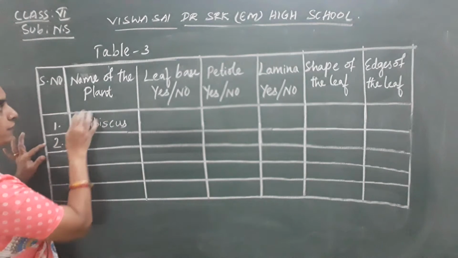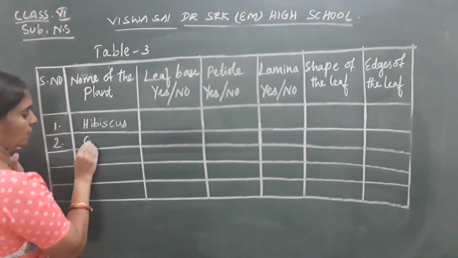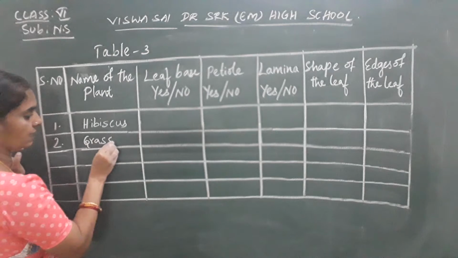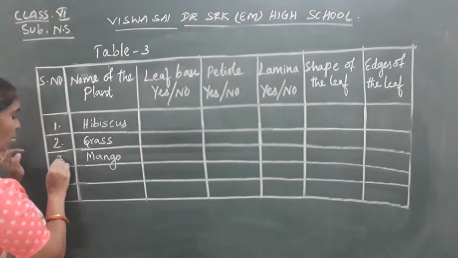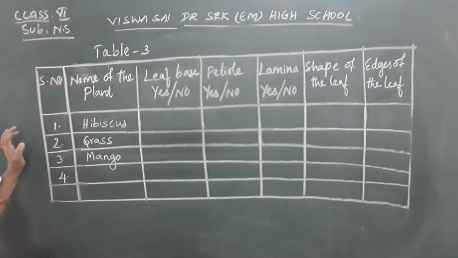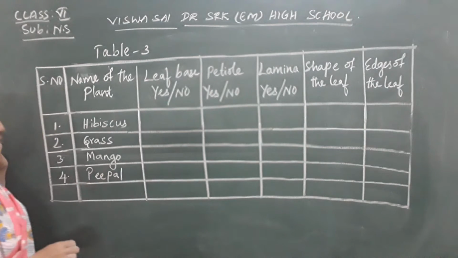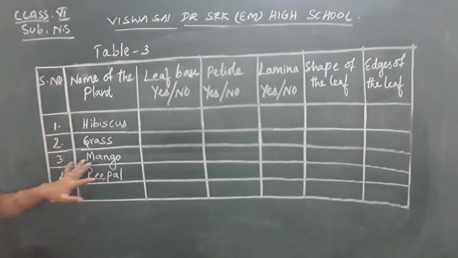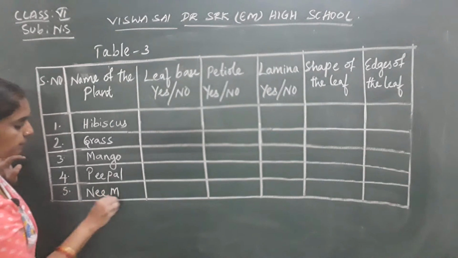Next, second one, you can take grass. Third one, mango. And fourth one, example, you can take peepal. Hibiscus, grass, mango, peepal and neem.